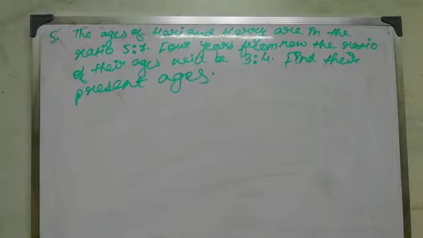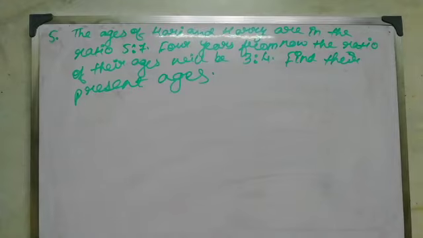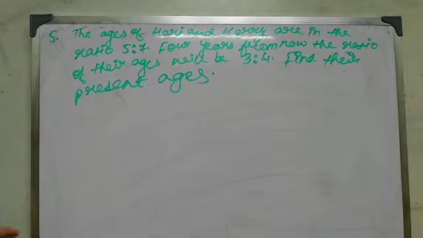So, what is my question? There are two friends or brothers, Hari and Harry. If we take the ratio of their ages, then the ratio is 5:7.